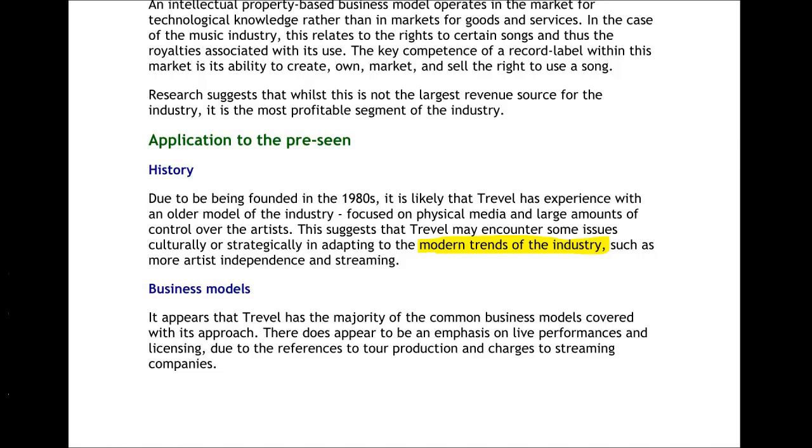So the vinyl thing here is actually the modern trend that I would worry about in terms of Trevel, and it looks like Spandau Group when we compared them. Again, you may not have seen the pre-seen analysis videos, but if you have, we did do that comparison between the two, and we can suggest that Spandau may have exploited physical media and the trend on vinyls more so than Trevel. Trevel don't seem to have done anything in that regard.